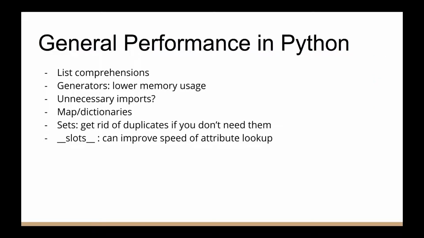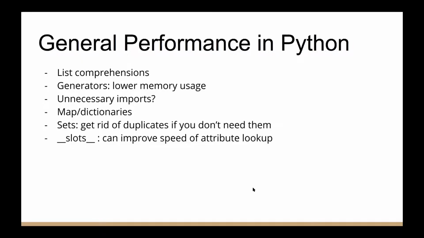They have a lot lower memory usage and possibly could be a more performant data structure to use. And then unnecessary imports. So this means, are you importing modules that you don't need to import? You don't want your program to slow down before it even starts, because it's importing some huge library that you don't really need, or that you don't need the whole thing. So that is also something to look into.